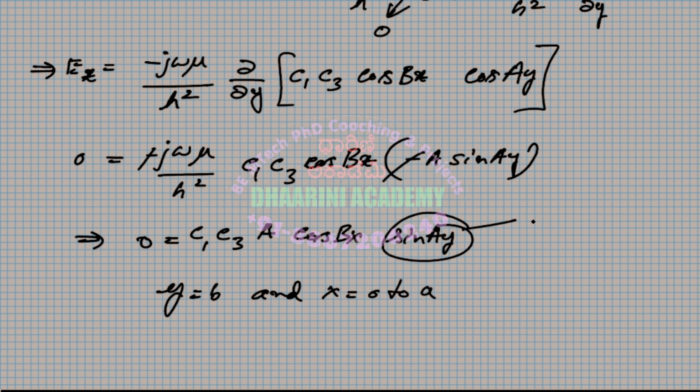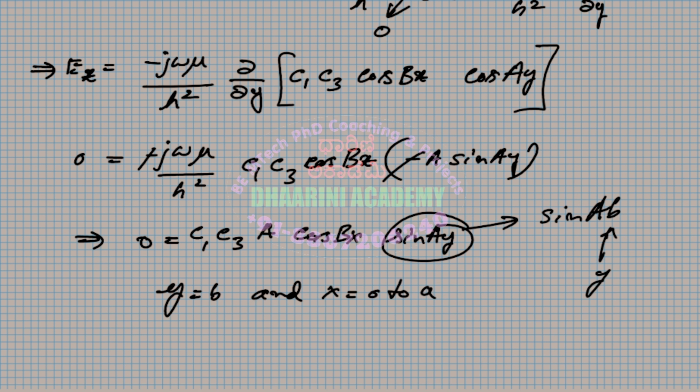It is not equal to 0 because it is actually sine of a times b, as y takes a value equal to b. So anyway, I cannot equate that to 0. So capital A is not 0. C1, C3, again, we have no clue as of now which one to make 0. So as of now, I cannot make it 0, but I can think that maybe some cos bx tends to be 0.